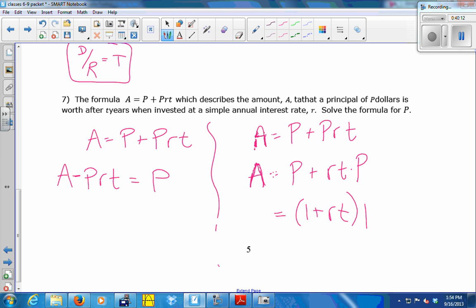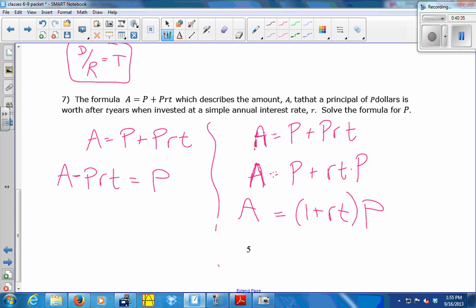RT P's. You can also think of this as factoring out a P, right? There's a P in both terms, so you can factor it out, or mostly just me, call this reverse distributing, right? So I'm taking the P back out of both of them.